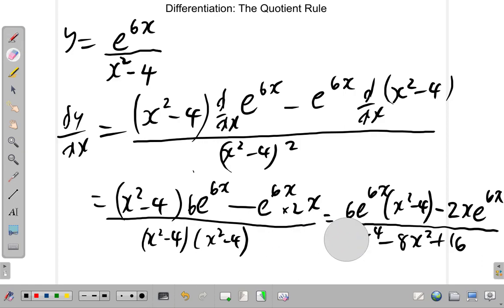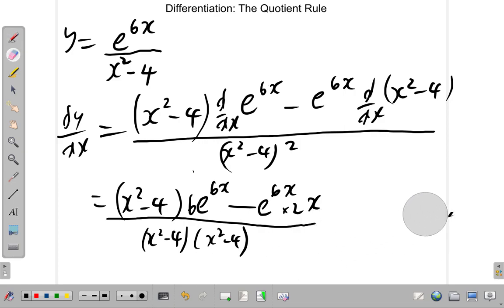Another way you could consider doing it is to keep the x squared minus 4 squared, and you could divide or multiply both top and bottom by 1 over x squared minus 4. Alright?